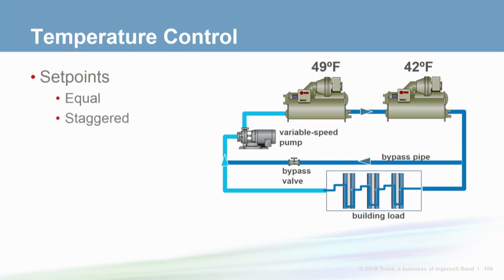Another method is to stagger the set points. With staggered set points, the downstream chiller is generally operated first. The upstream chiller operates at a warmer temperature, which allows it to operate at a higher efficiency. With a series configuration, the controller should calculate and send a unique chilled water set point to each of the chillers based upon the system chilled water set point and the position of the chiller, upstream or downstream.